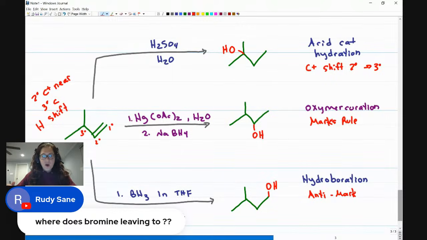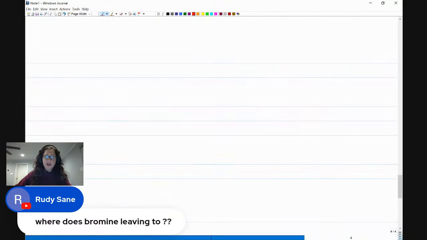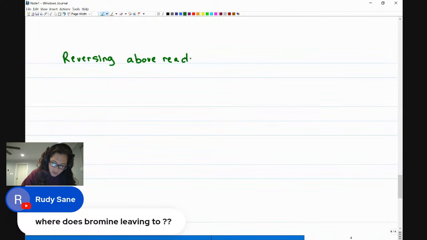Now let's move on to some of the more advanced reactions that you're going to learn. Actually, before we do that, let's talk about reversing the reactions. Because what if instead of asking you to create the alcohol, you're asked to start with an alcohol and get rid of it? So reversing the above reactions, we will start with, well, let's use this alcohol.